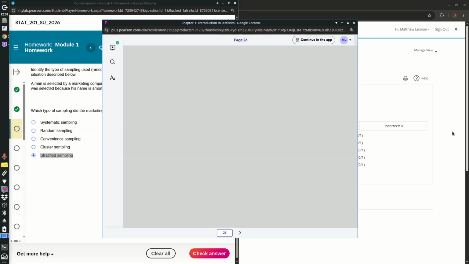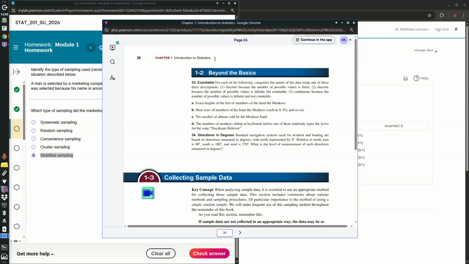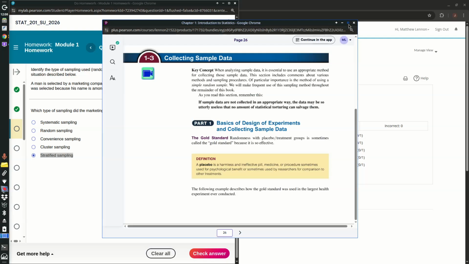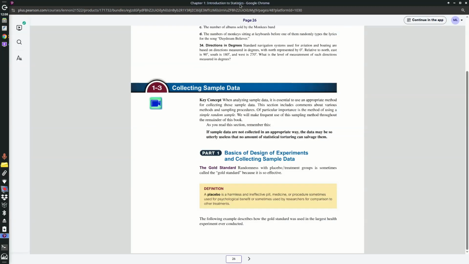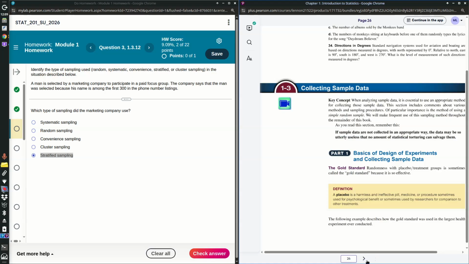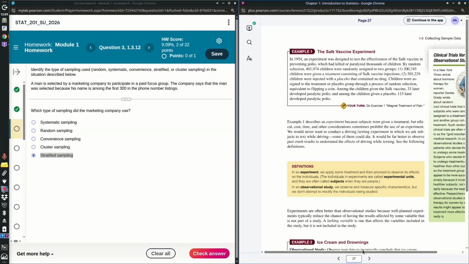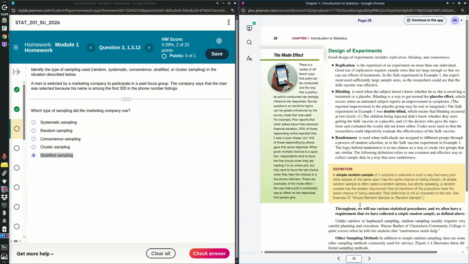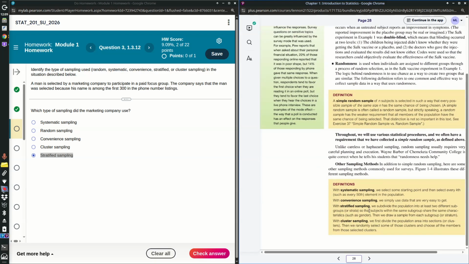You can get to the textbook from going through StatCrunch, yeah. So this is in section 1.2 or 3, where we're starting to talk about placebo. Okay, so the difference between experiment and observational study we also talked briefly about, and then here's the different definitions of the samplings we see.